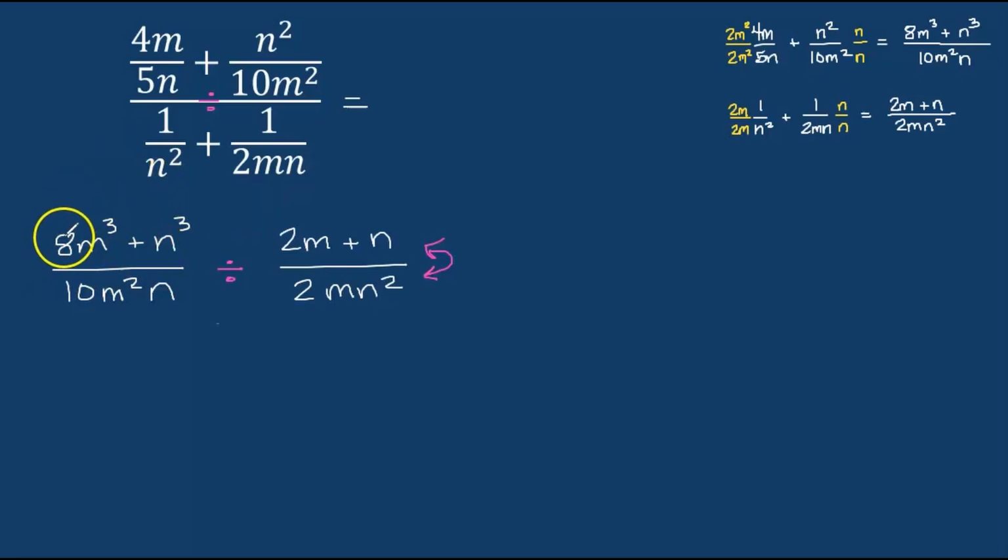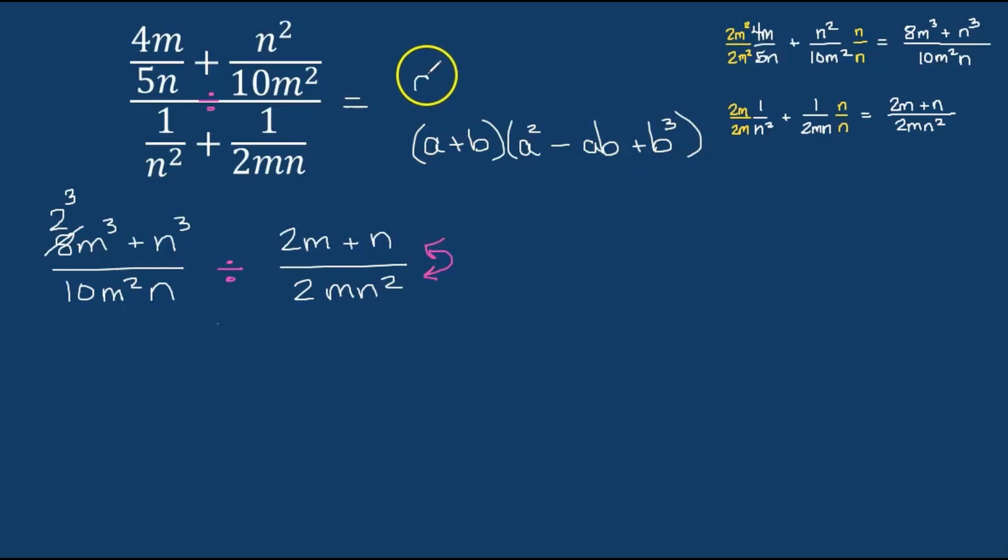Remember that a sum of cubes is when you have an entire cubic term added to another cubic term. And the number 8 can be written as 2 cubed. Now that we have all cubes, we can use the formula a plus b times a squared minus ab plus b cubed. And we know that a, in this case, is 2m, and b is n.